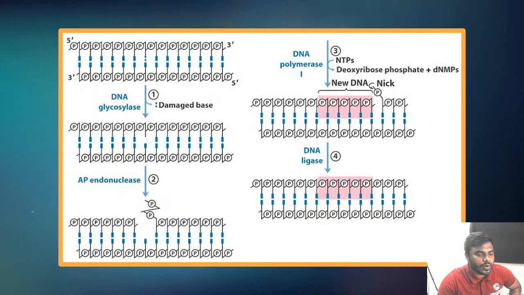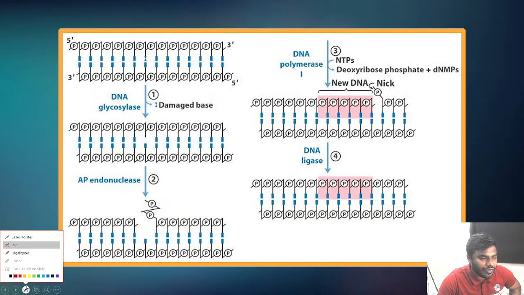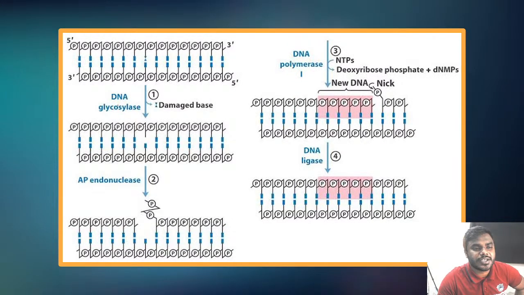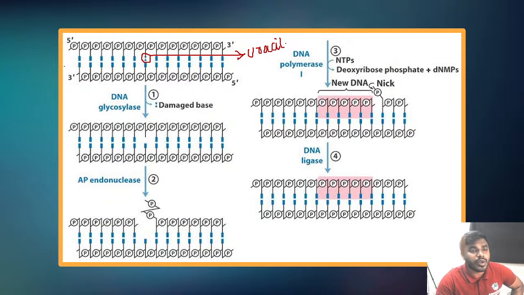Now let me tell you in a simple and effective way. All the students pay utmost attention. Friends, focus. You can see right here, whatever I am marking, there is an unwanted or unnatural base. Let's take an example, uracil. Uracil is the unnatural base introduced here. What should we do now? We have to remove this.